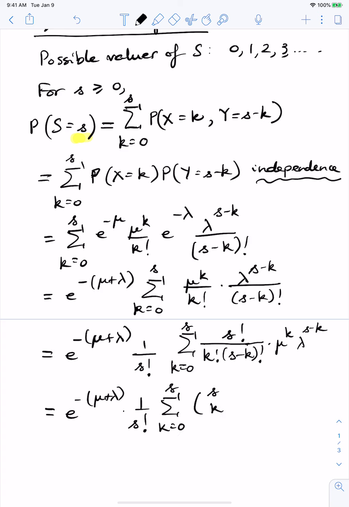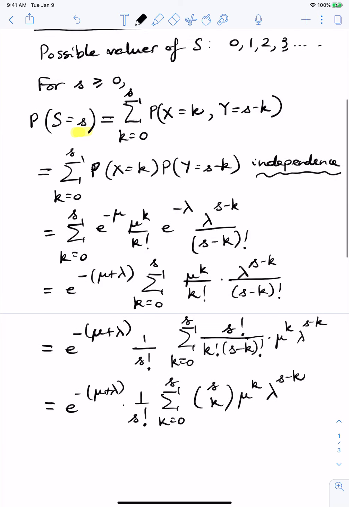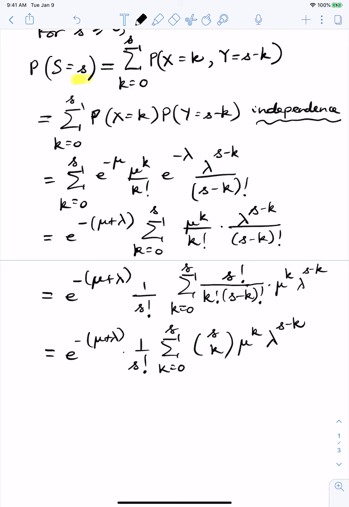S choose k, mu to the k, lambda to the s minus k, and we're adding that over k goes from 0 to s. That is exactly the binomial expansion of mu plus lambda to the power s.